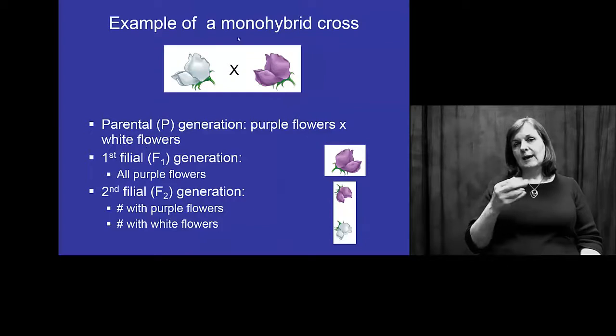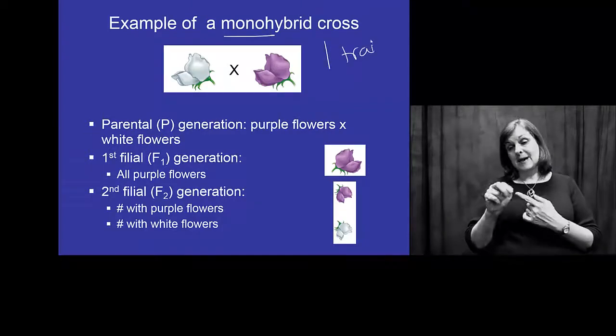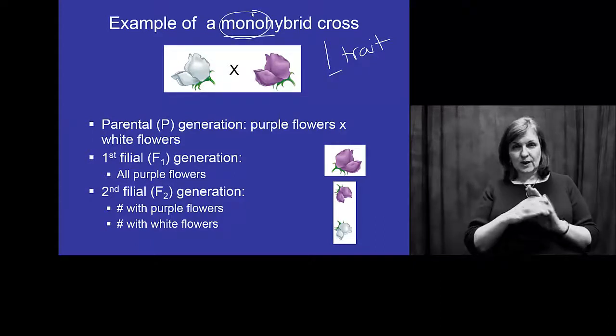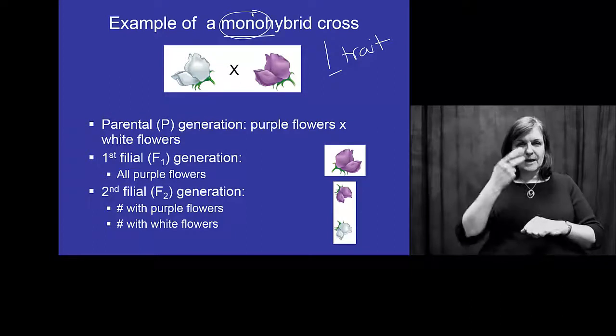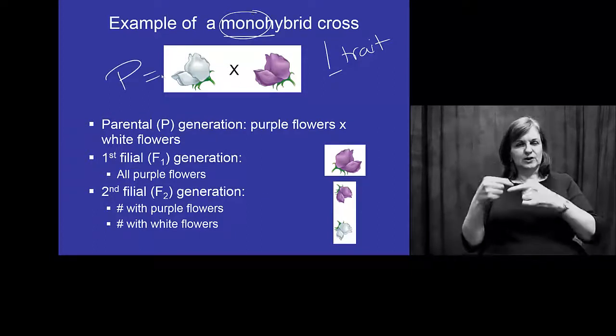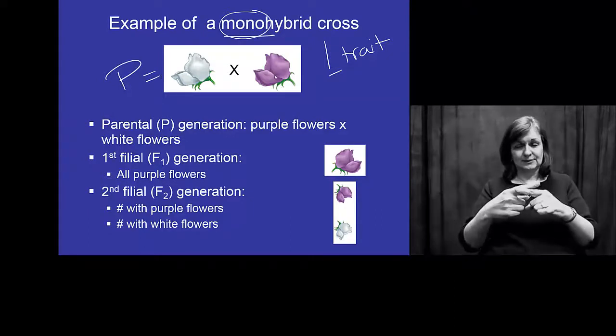Okay, a monohybrid cross is just a cross of one trait or one characteristic. Mono meaning one. Okay, so when he looked at this trait, what he would set up is a parent. So this is our P generation, or our parental generation. He crossed one white flower and one purple flower.